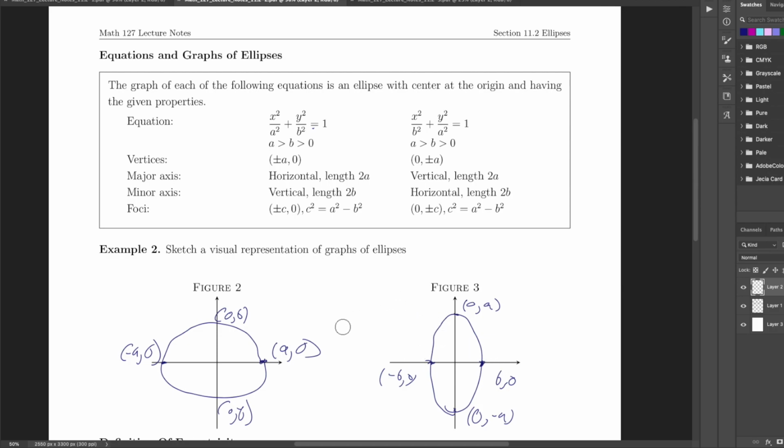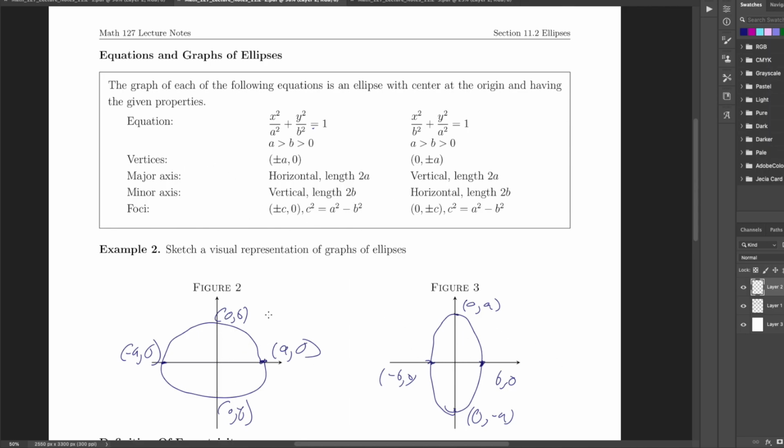Alright, so here the vertices will be, if it's horizontal, on the x side, and if it's vertical, on the y side, so it'll be plus or minus a. The major axis is the long axis of the ellipse, and that will be 2a. So this is a here, and this is a here, so that's 2a. For the vertical, here it's 2a and 2a, and the minor axis is 2b, so b and b.